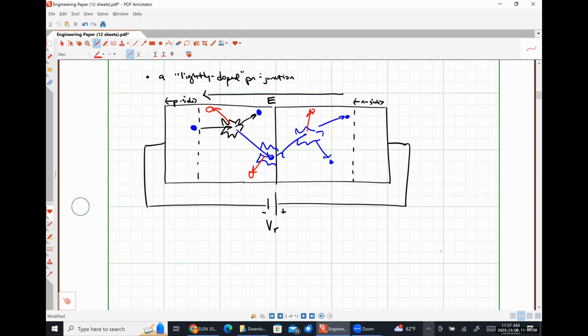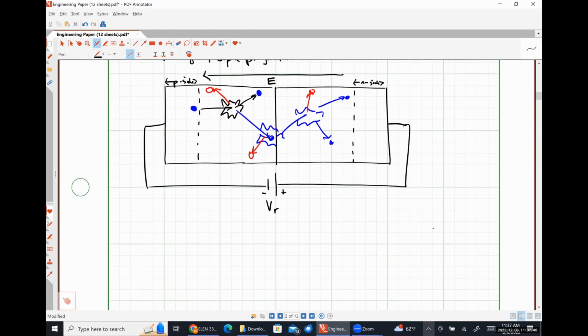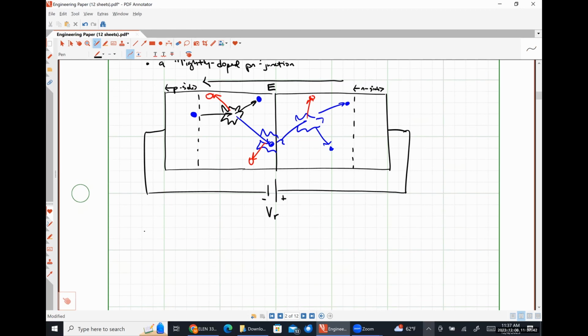So for Zener breakdown, we need a very heavily doped junction.